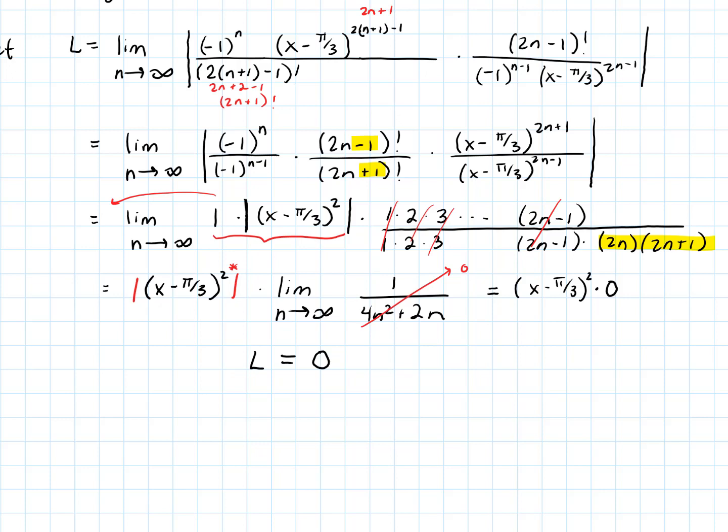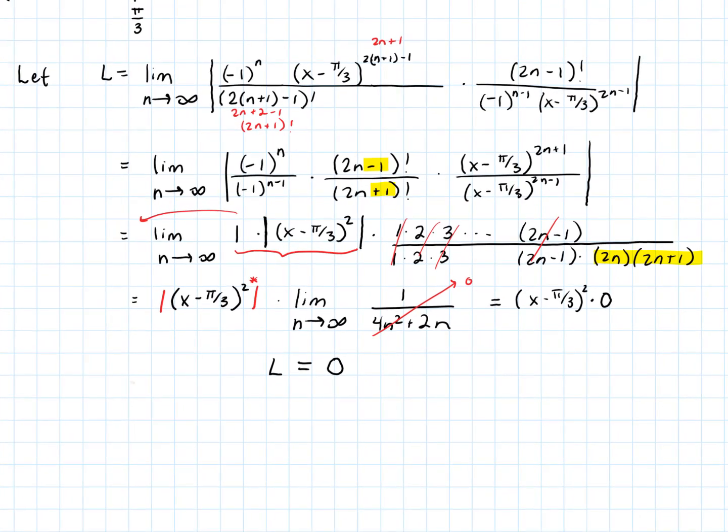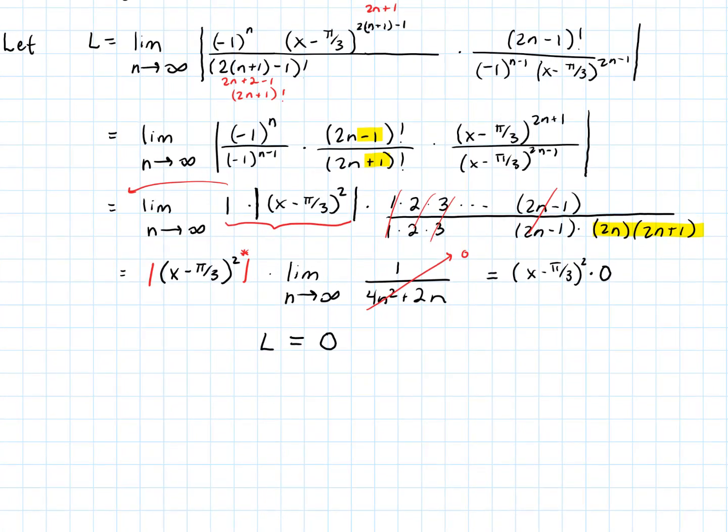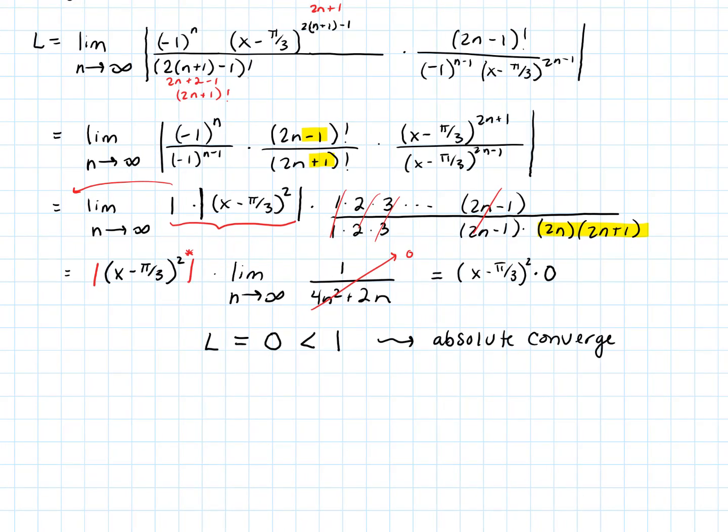So this becomes 0. And if we remember, our ratio test says that if this limit is less than 1, we have absolute convergence. Now remember, we're trying to figure out what values of x this will be convergent for. So this is absolute convergence for all values of x.